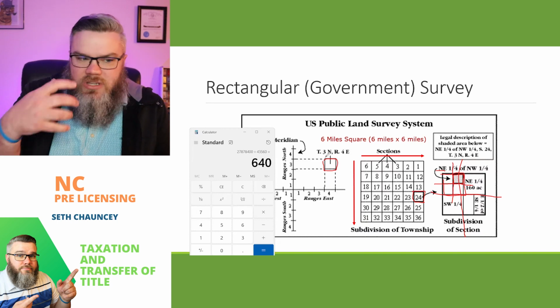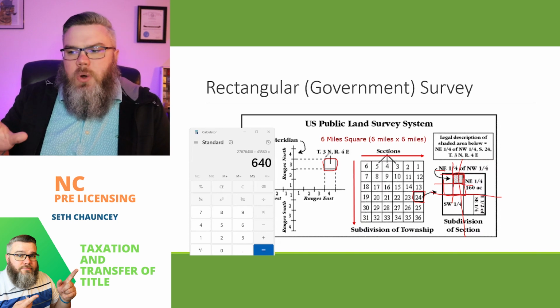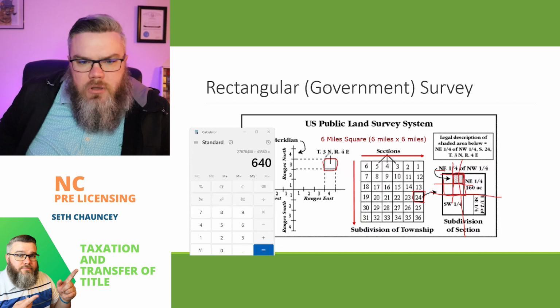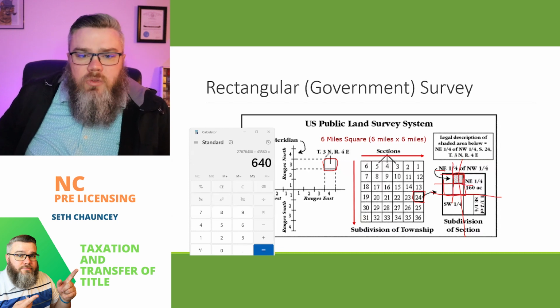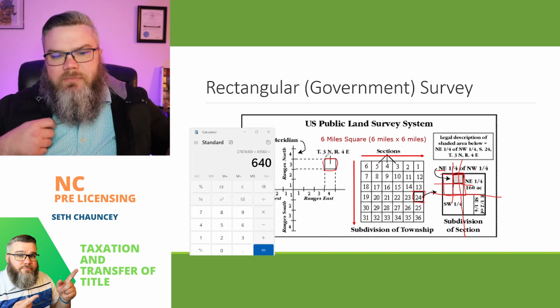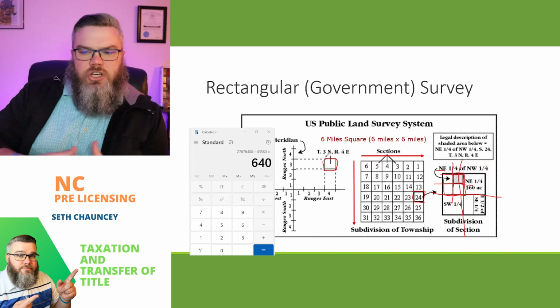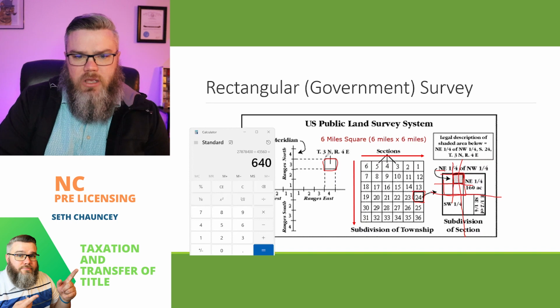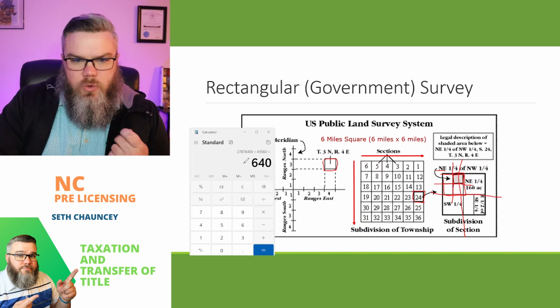Now, the reason we used to teach math on this, I really think I've covered here. Let me tell you the questions that I think you could see. Which type of legal description uses principal meridians, baselines, sections, and townships? The government rectangular survey system. I think you could see a question like that. Which section is directly to the left of section 19? I think you could see a question like that. And then here's the warning.